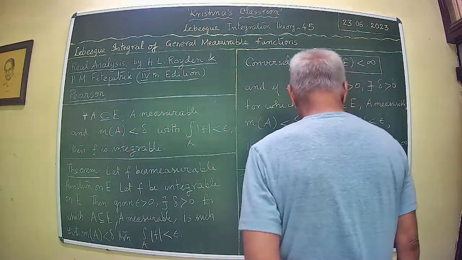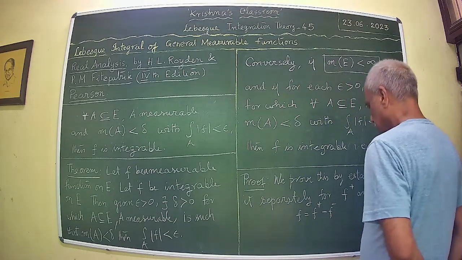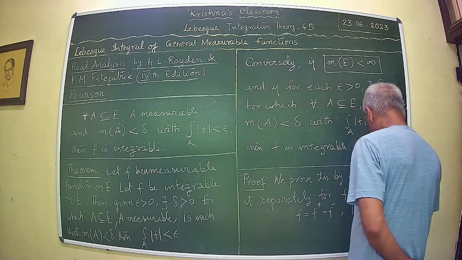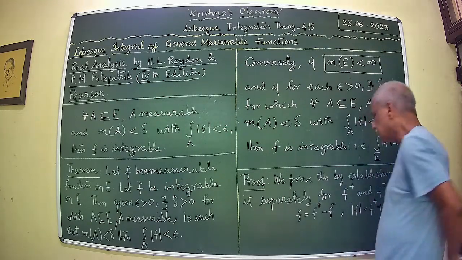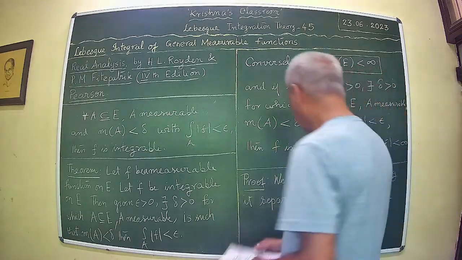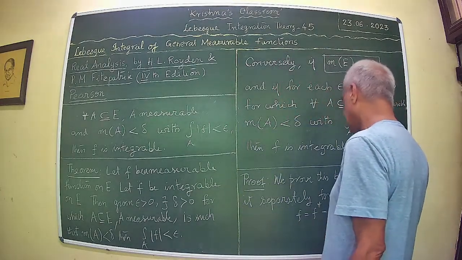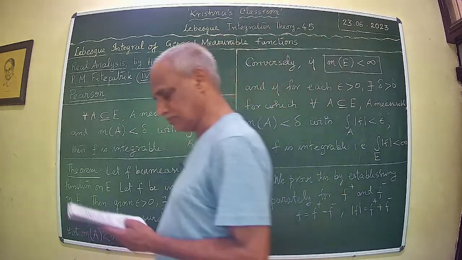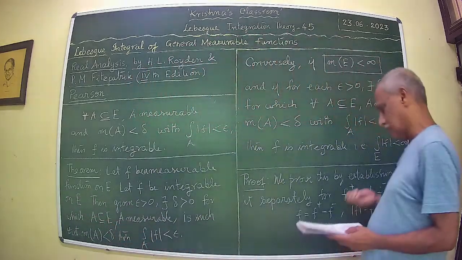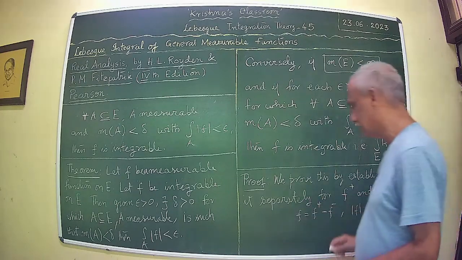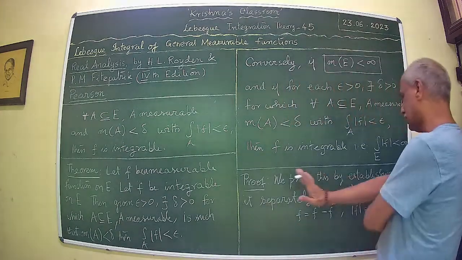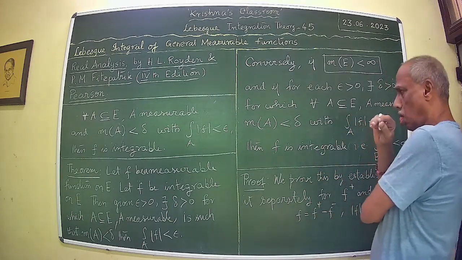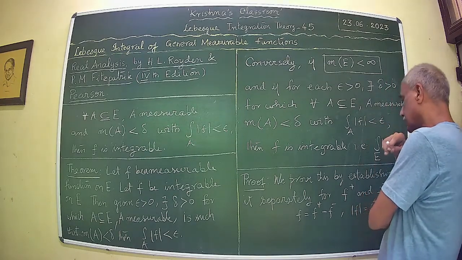Okay, that's what you get. And mod F is of course F plus plus F minus. So we prove it separately for F plus and F minus. Then with these relations you can combine them. So at this stage, without loss of generality, all that we need is to prove this for non-negative functions which are integrable.